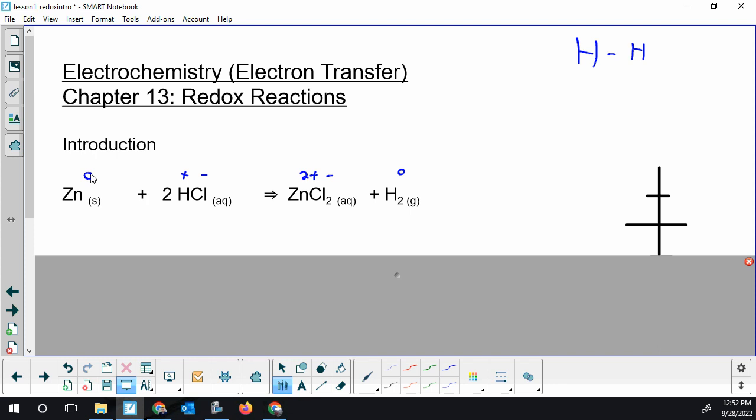Something you wouldn't have looked at before. Does zinc change its charge? And yes, it does. It starts with no charge and it ends up at +2. So it had to have gained or lost electrons in order to change its charge. It can't have the same count anymore. So you have to think, what's going on? Is this a gain or is this a loss? Now, electrons are negative.